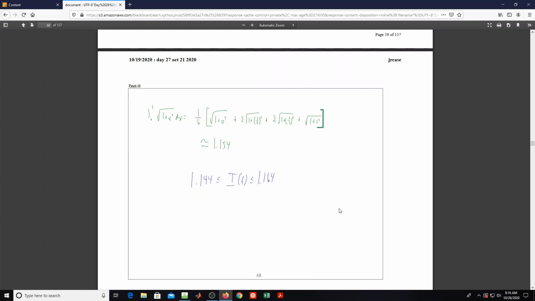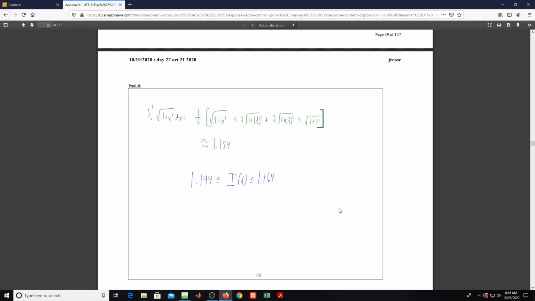So our factor could be 1/6, because now our length of h is (b minus a) over n, or 1/3. So 1/6 times the square root of 1 plus 0 squared, plus the square root of 1 plus 1/3 squared. So get ready here, Lauren, to calculate this. Make sure that I'm okay.